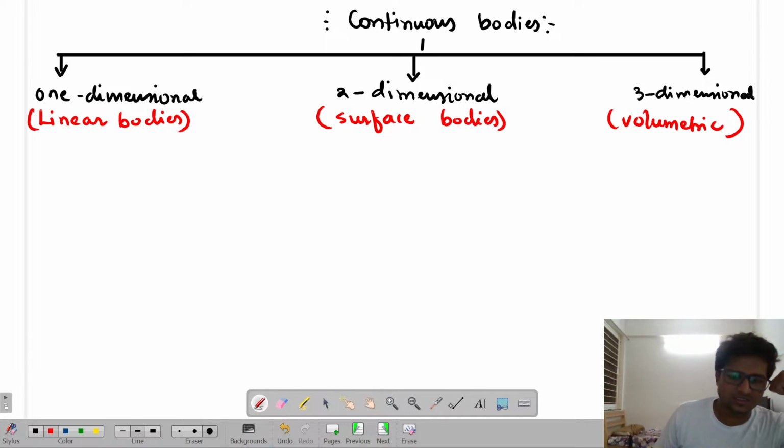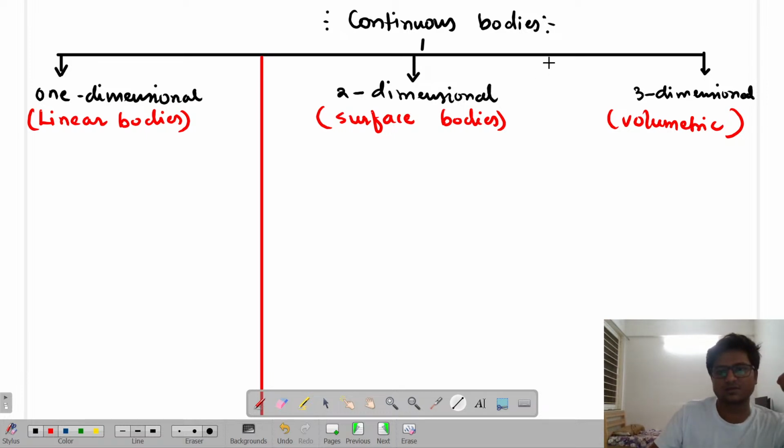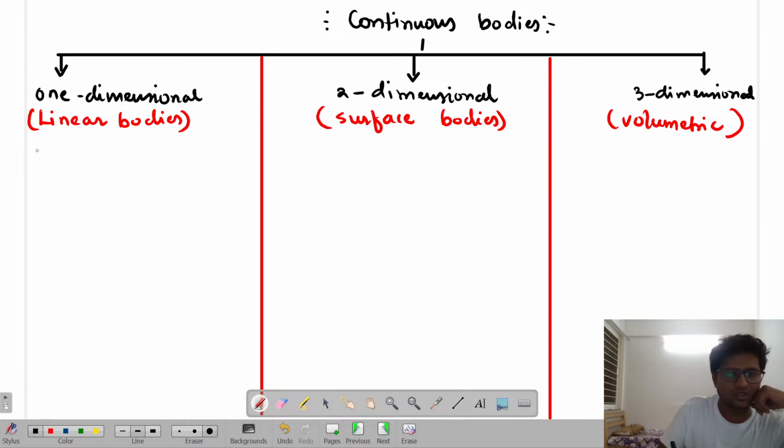The main difference between all of these three is that when we are considering a linear body, the bodies are packed in such a way that the placement of particles is in only one direction. In which direction?